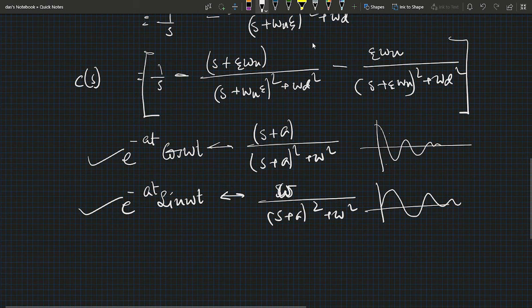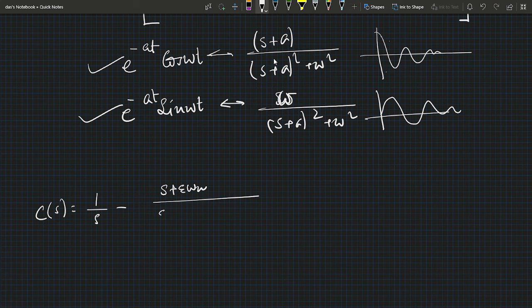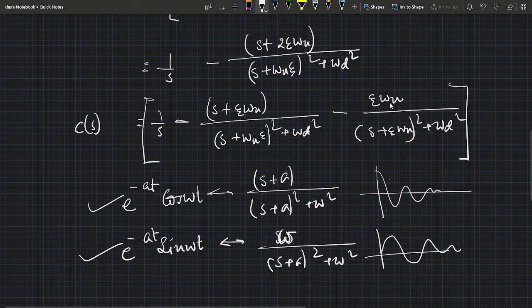Now we rearrange this equation again. C(s) is basically 1 by s minus s plus zeta omega n divided by s plus zeta omega n whole squared plus omega d squared. This is one part, and the other part has no s, only omega n.